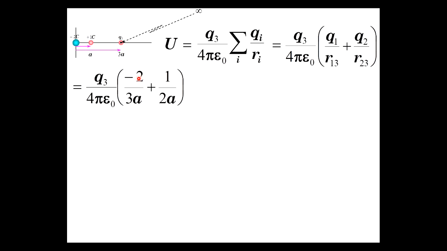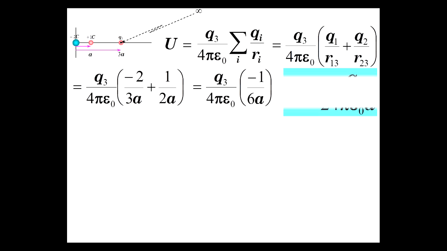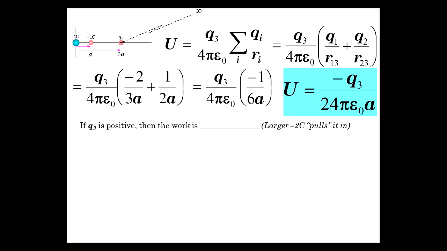Now, this is minus 4/6, and this is plus 3/6. That gives us minus 1/6. Therefore, the potential energy is minus Q3 over 24 pi epsilon 0 a. What we see here is that we don't know what Q3 is. I didn't tell you the sign of that charge. If it's positive, what this says is that the work is negative.